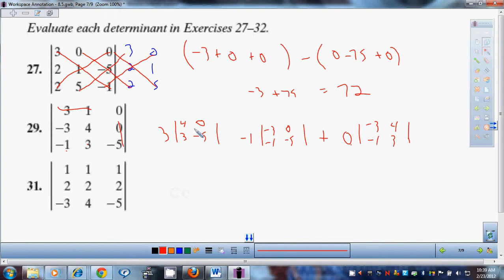Now you just find their little mini determinants. Negative 20 minus 0 is negative 20. Negative 3 times negative 5 is 15 minus 0. 0 times anything is 0, so who cares? Negative 60 minus 15, and that determinant is negative 75. Either one you wish to do.